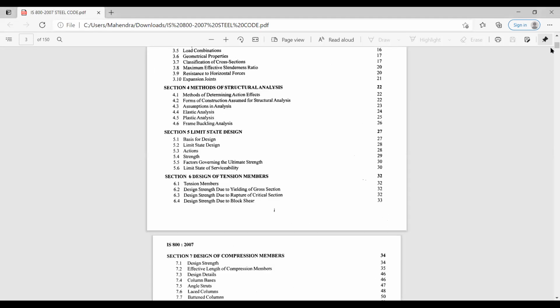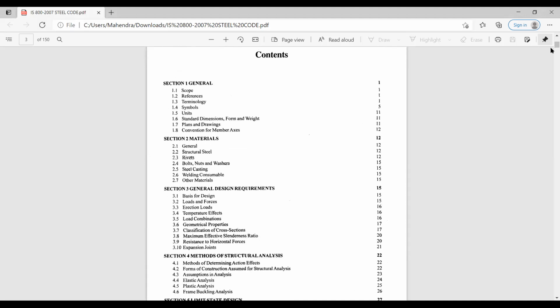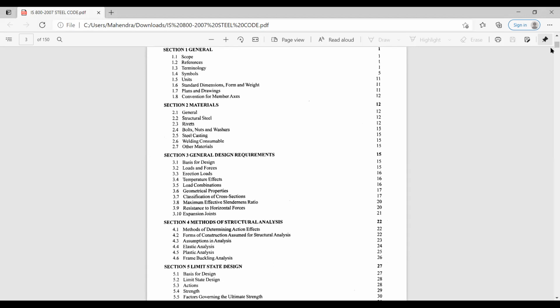As you can see here, there are different chapters of your IS code. The first one is the general, that is the basic introductory part. Then the next is the materials. In that, the different materials are there: the structural steel, rivets, bolts, nuts, steel casting, as well as other materials.